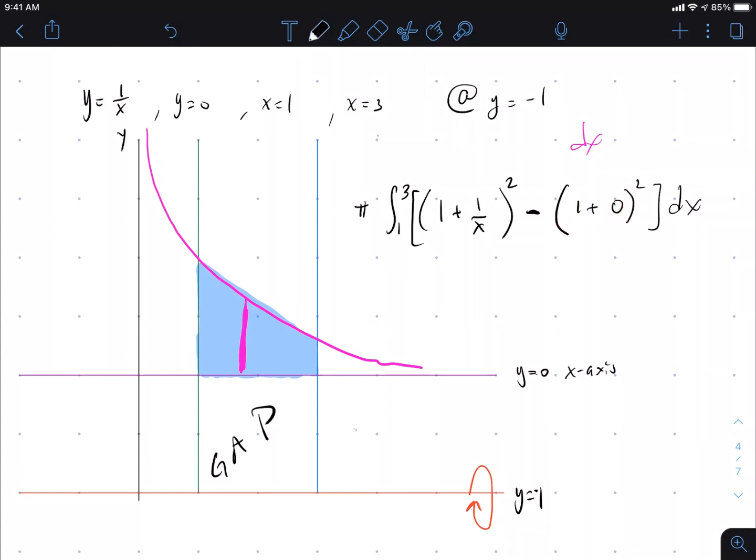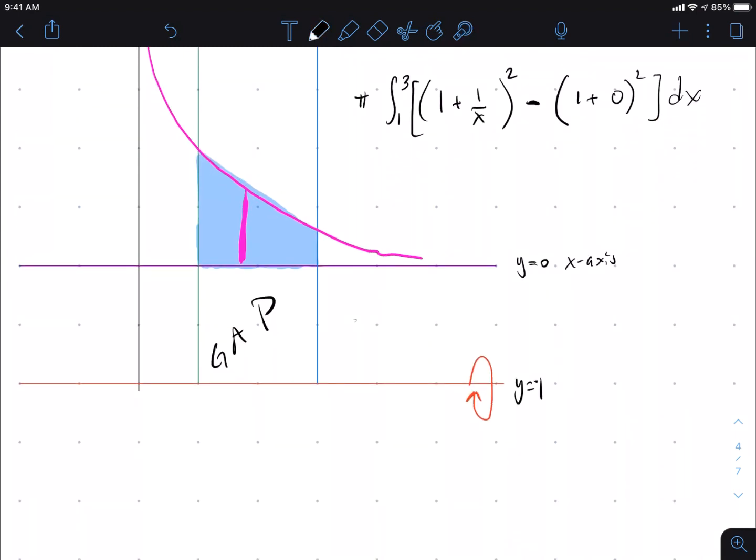So now when I go to do this, I'm going to write it down here so you guys can see. I'm going to get pi, integral from 1 to 3 of (1 plus 1 over x) squared minus 1 dx, which is 1 plus 2 over x plus 1 over x squared minus 1. Is everyone okay with that?